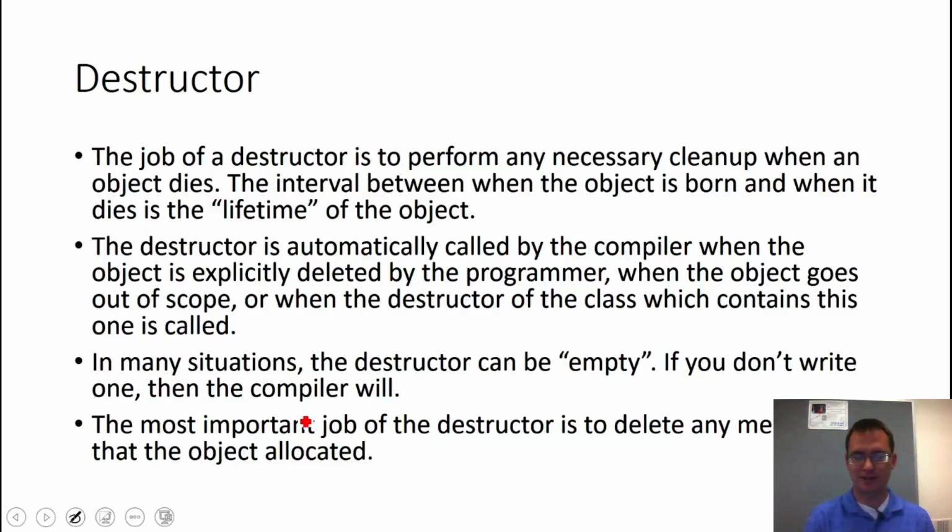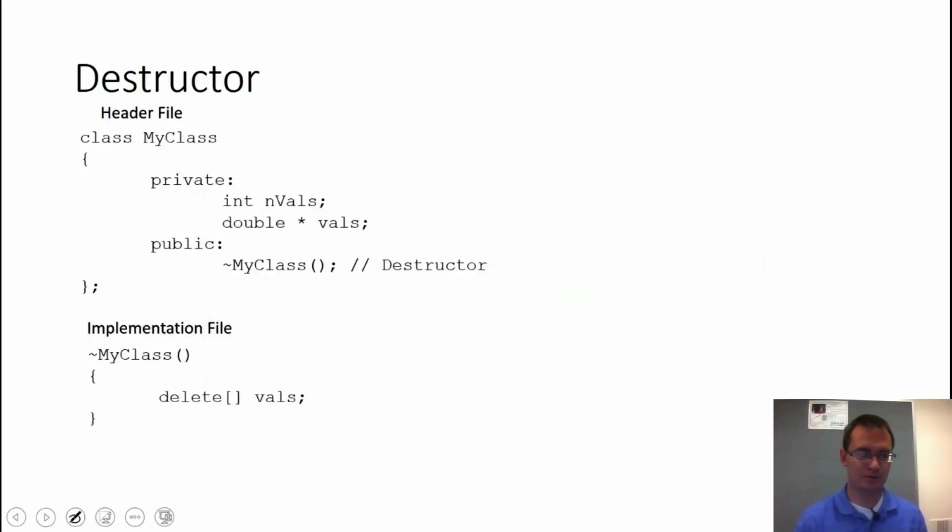And so in many situations, and probably most situations, the destructor can be empty because it doesn't really do anything. And so if you don't write one, then the compiler will. And then the most important job of the destructor is to delete any memory that the object allocated. This is to prevent memory leaks. So a destructor has this funny little tilde symbol here followed by the name of the class.